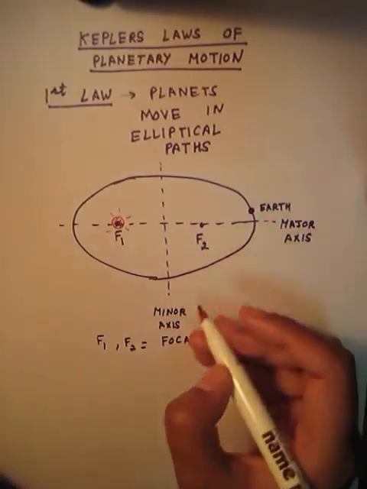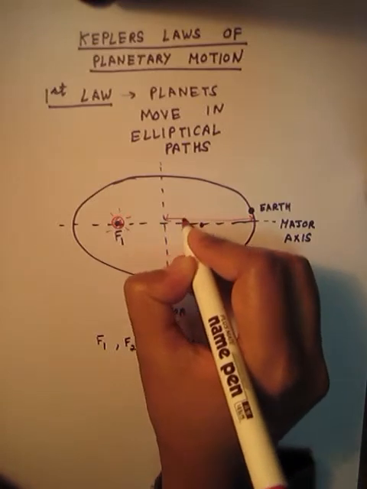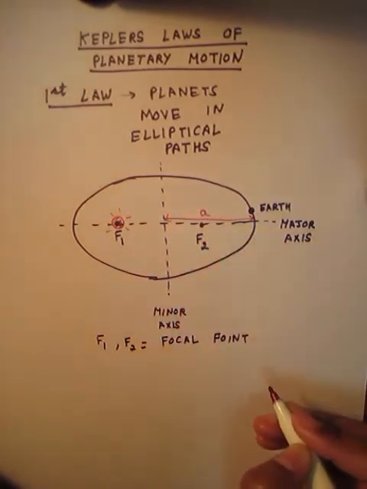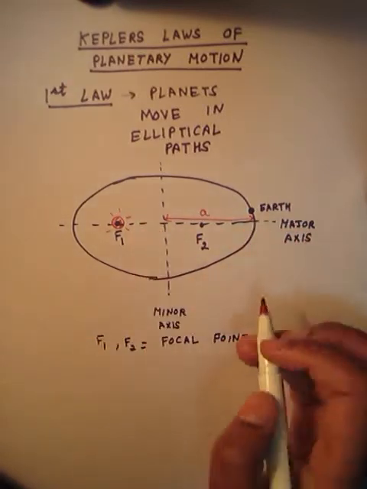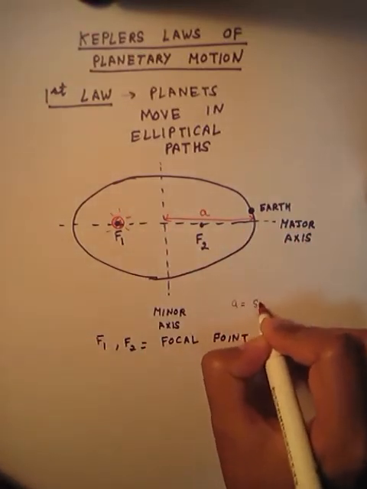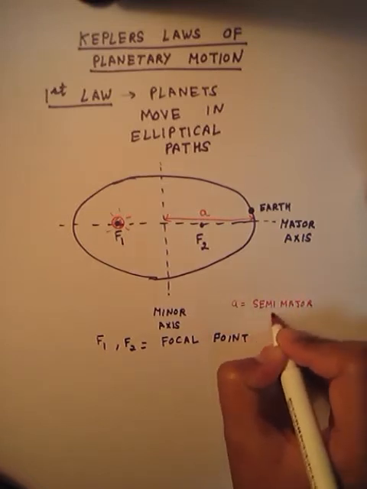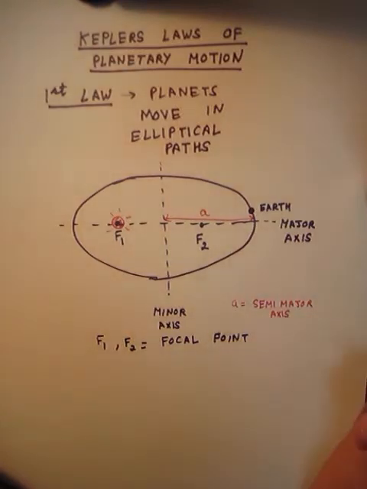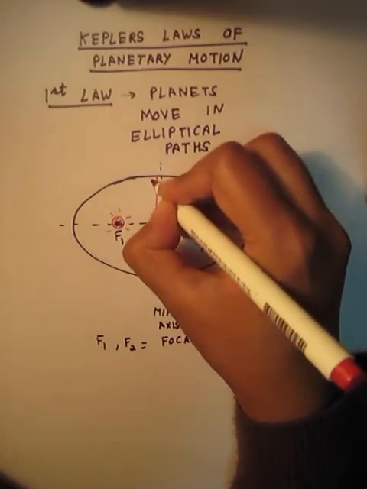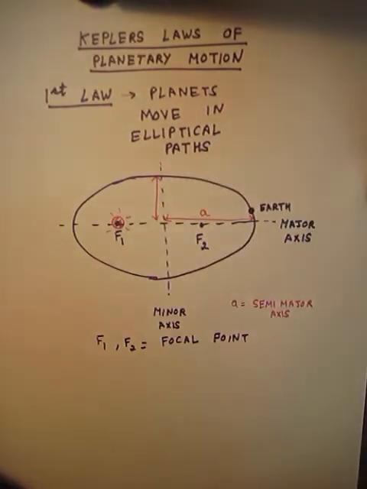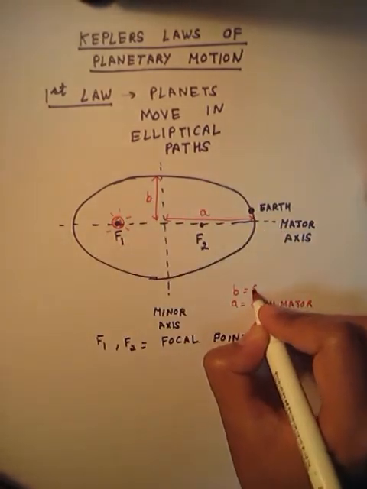And so this distance from here to here is A, and because it is the half of the major axis, A is also called the semi-major axis. While this distance, the half of the minor axis, is called the semi-minor axis.